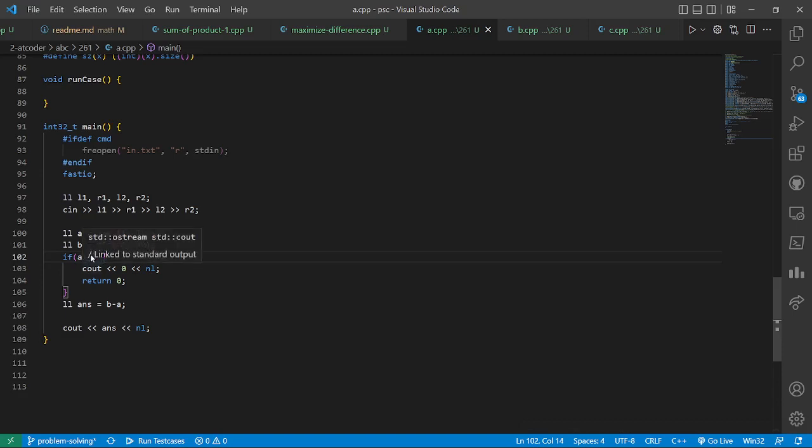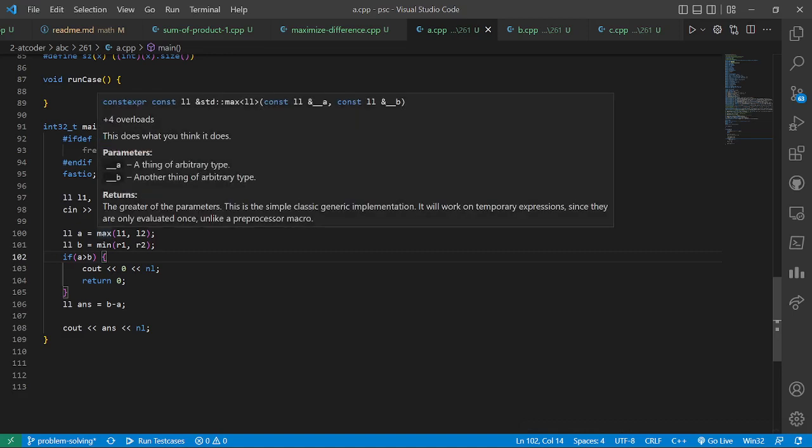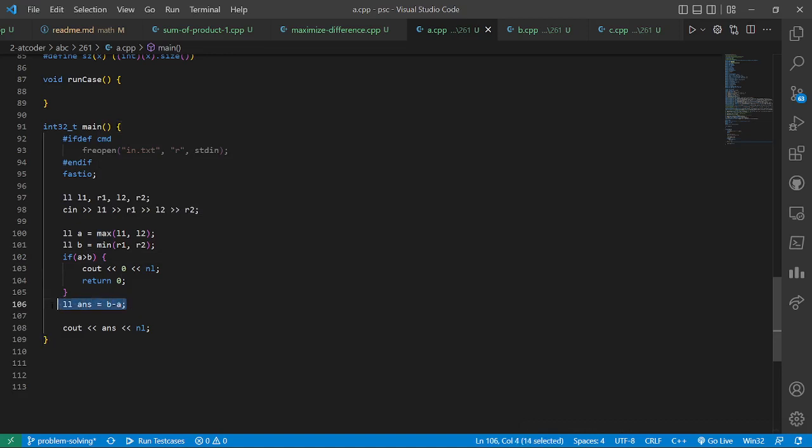If A is greater than B, then my answer would be 0. This means if the maximum of the two starting points is greater than the minimum of the two ending points, then my answer will be 0. Otherwise my answer is B minus A. This is the minimum of the ending points of the two ranges minus the maximum of the starting points of the two ranges.